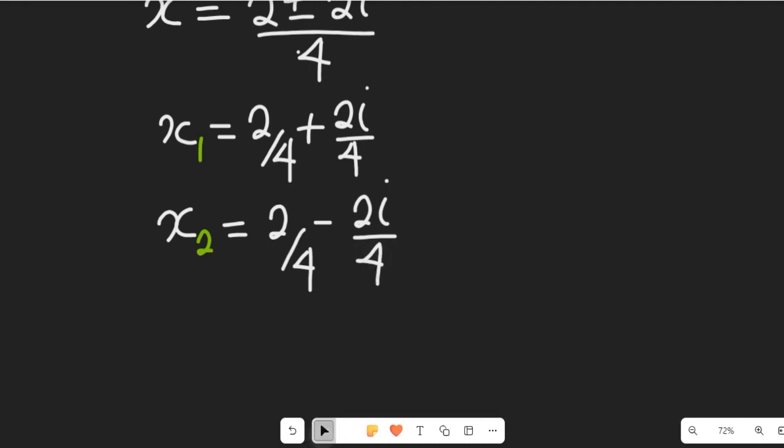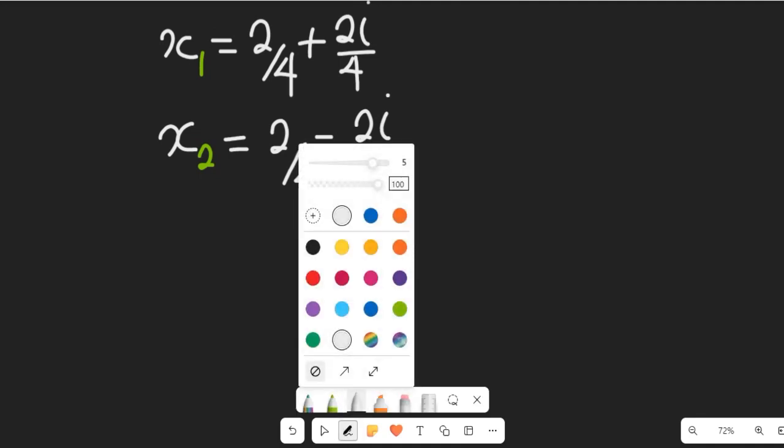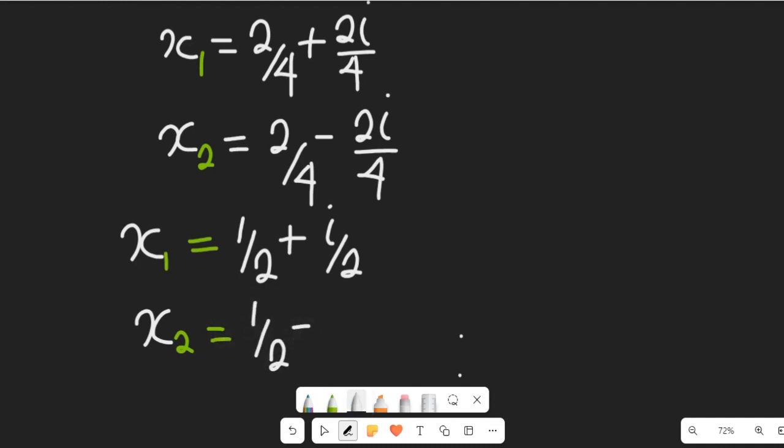And if you simplify these two expressions, we can now have our x1 to be equal to 1 divided by 2 plus imaginary divided by 2, and our x2 will be equal to 1 divided by 2 minus imaginary divided by 2.